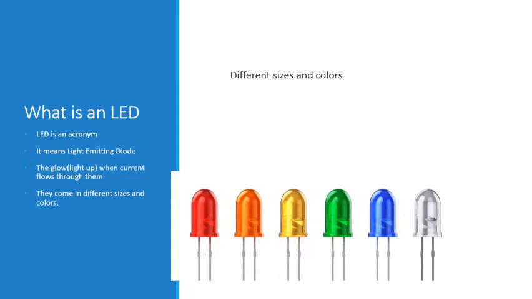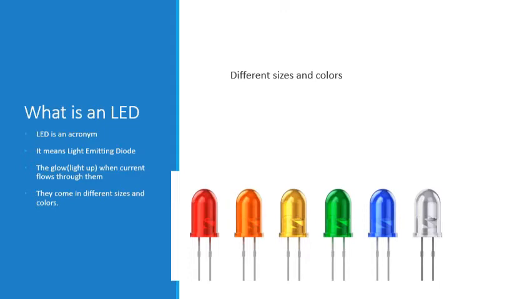The LED glows when current flows through it. When you connect a power source to your LED, current is flowing through it. But there is a particular orientation you must connect your LED for current to flow through it. We are going to see that.